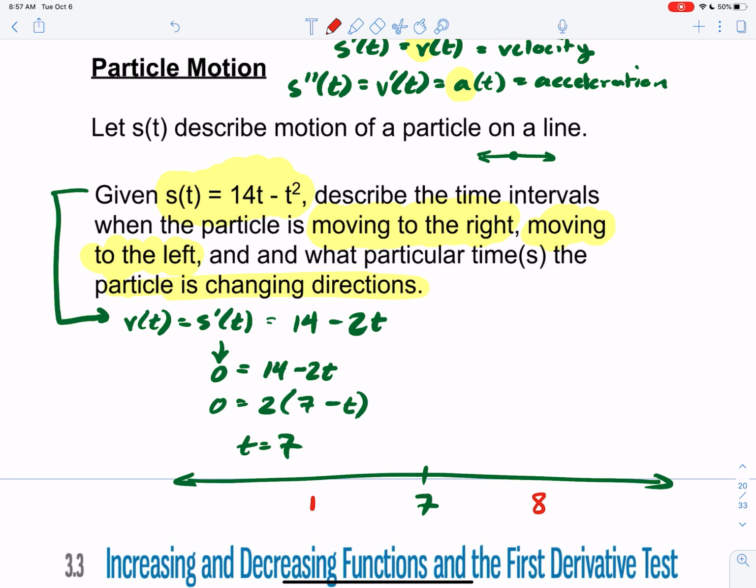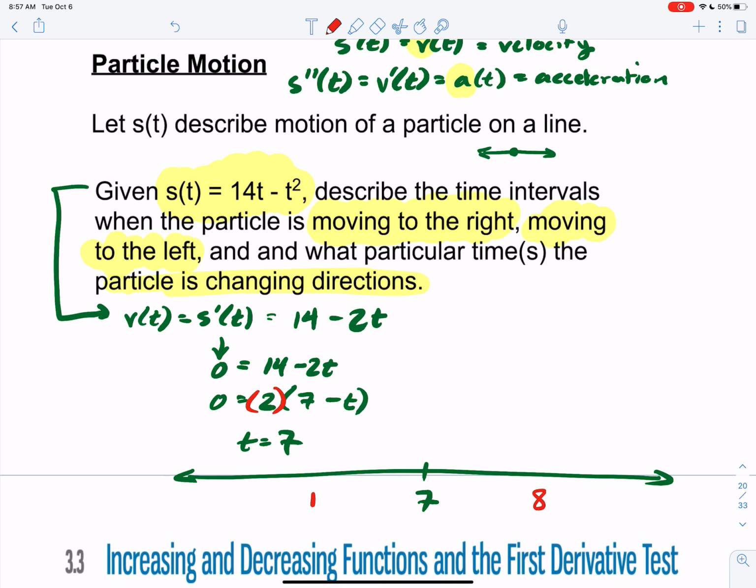Now, here, my bare bones is 2 times something. I know that first one has to be positive because it's a constant. But if I plug in 1, 7 minus 1 is something positive, and 7 minus 8 is something negative. So here I end up with something positive, and then here I end up with something negative.